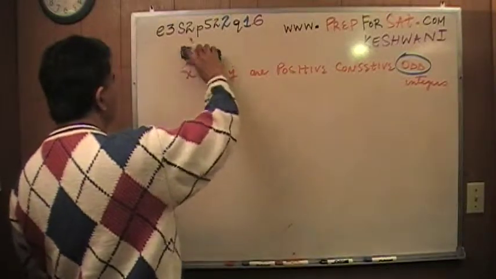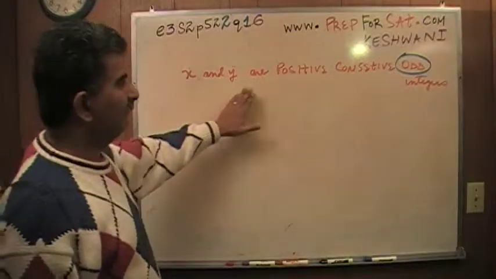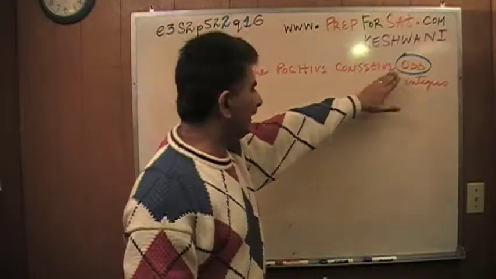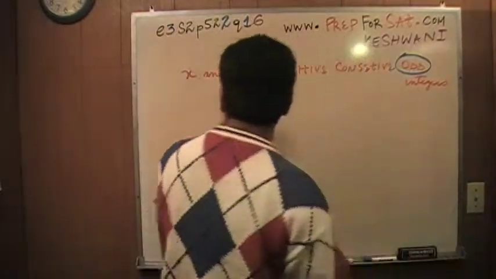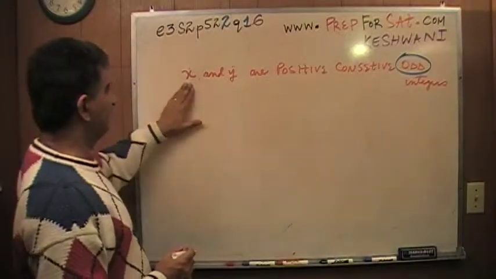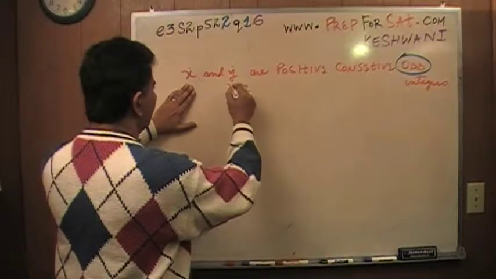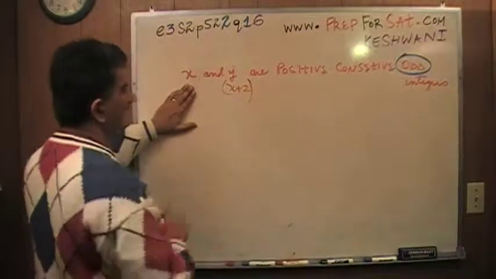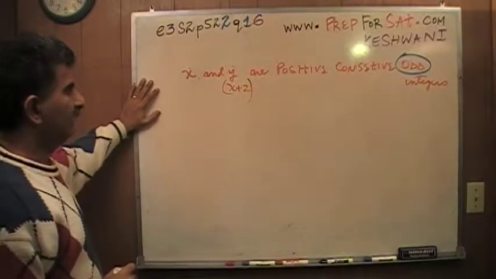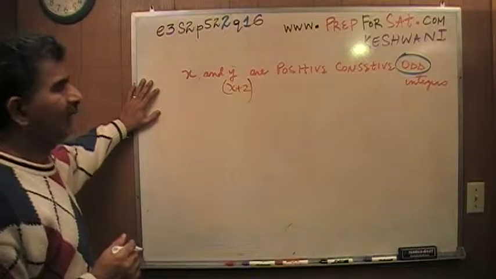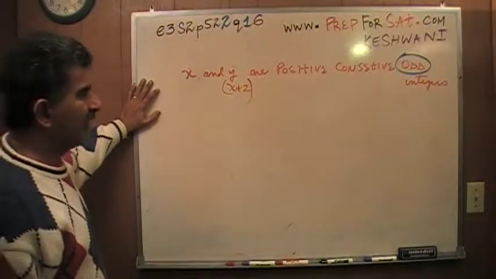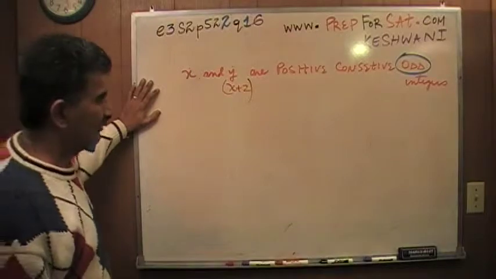Now what you have to understand is that if these are consecutive odd integers, for example, if this is 3, this has to be 5. If this is 7, this has to be 9. So if this is x, this is simply x plus 2. This y guy is just 2 more than x. But they don't have to be odd integers. Even if they were consecutive even integers, it wouldn't have changed.